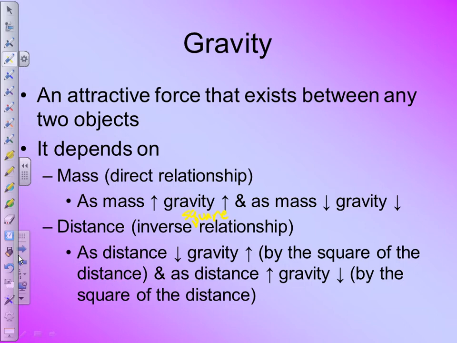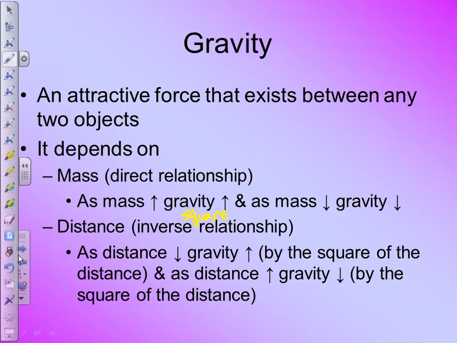But there won't be twice as much gravity. There will be 4 times as much gravity, because 2 squared, right? Or if you go from 1 meter to 1/3 of a meter, it won't be 3 times as much gravity. It'll be 9 times as much gravity because it's 3 squared, right?